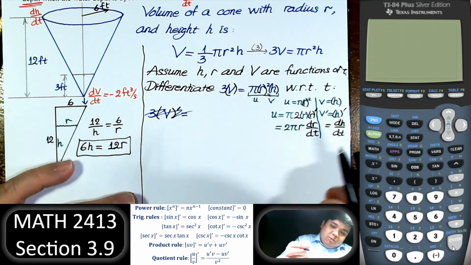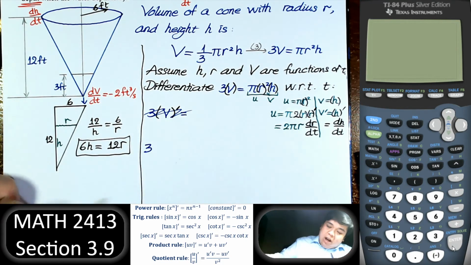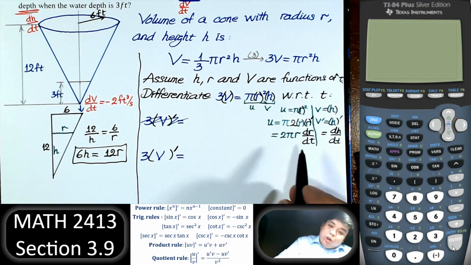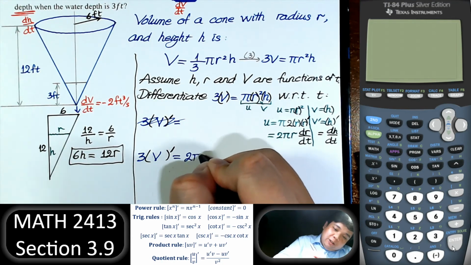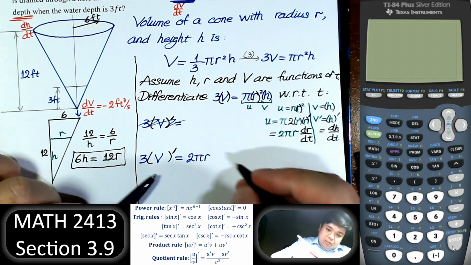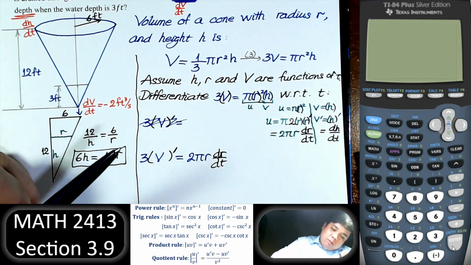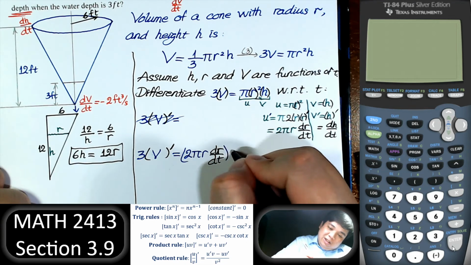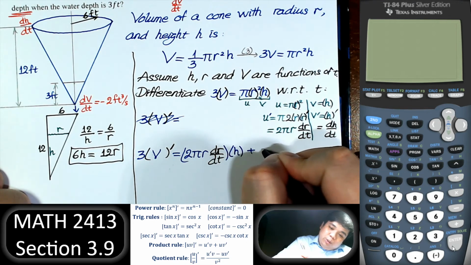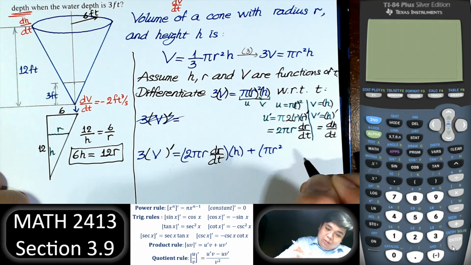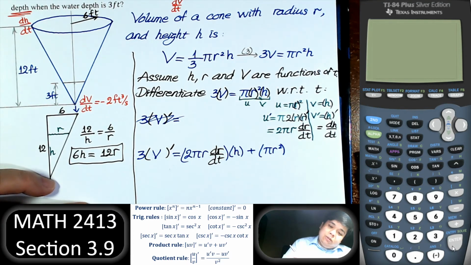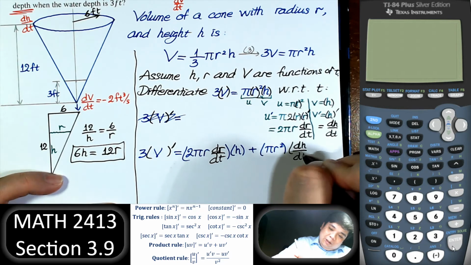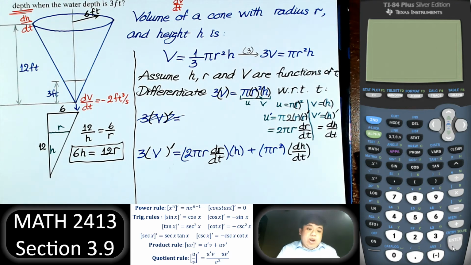There's a lot of space, so let's just write from here. 3 times dV over dt is equal to u prime times v plus u v prime. Now let's put all the numbers we know here.